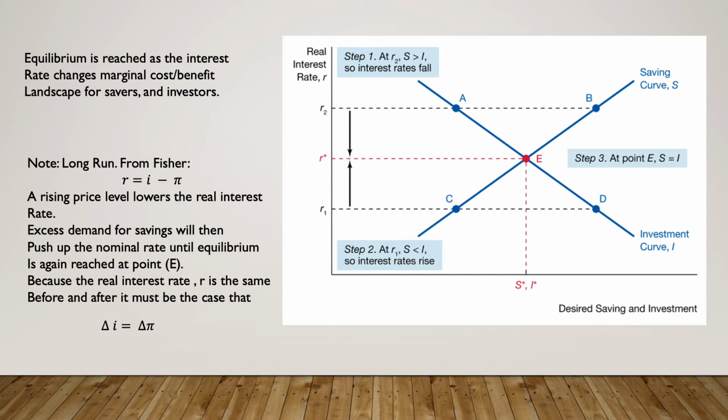Now, the location of that curve depends upon your expectations. So let's suppose that point A represented a 10% revenue for your kombucha business, and the next thing you know, all of a sudden kombucha causes cancer or something.